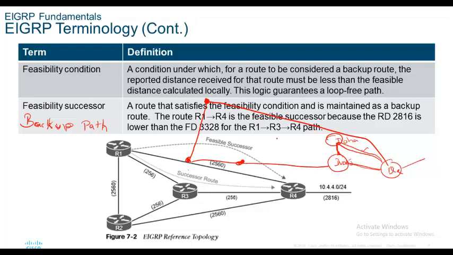Why is this not elected as a backup path? It didn't meet the feasibility condition. That's enough of the feasibility condition discussion that we had. In that discussion, we are talking about hours. 4 hours is the actual time. If 4.5 hours, it is okay. That is what the feasibility condition is. It is okay plus or minus 30 minutes.